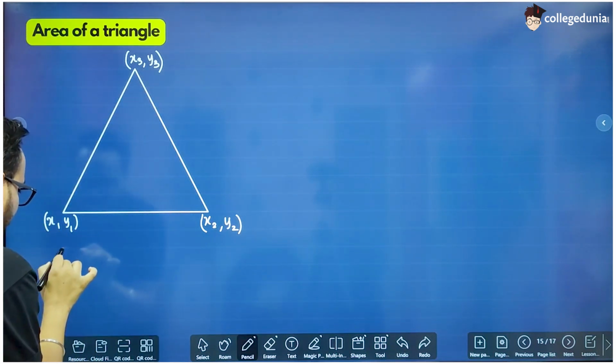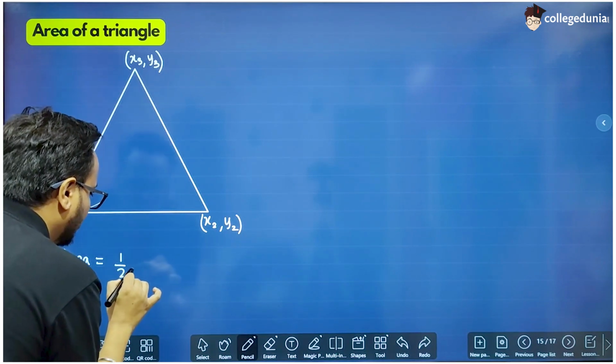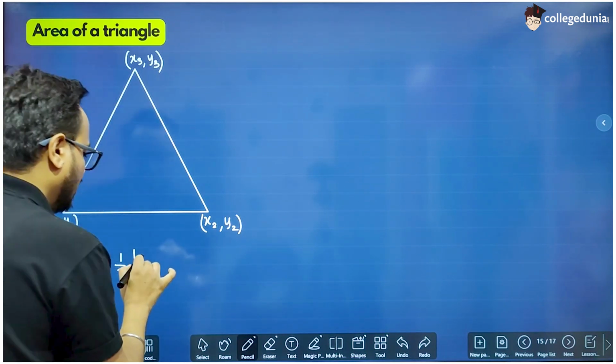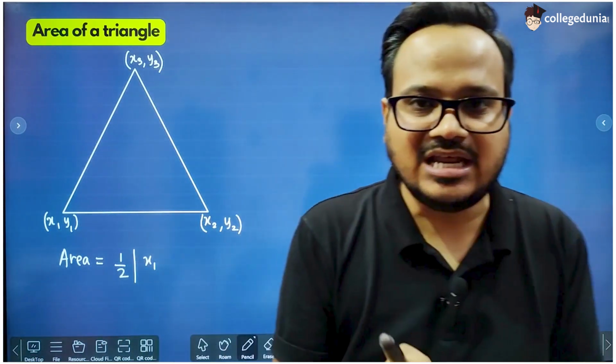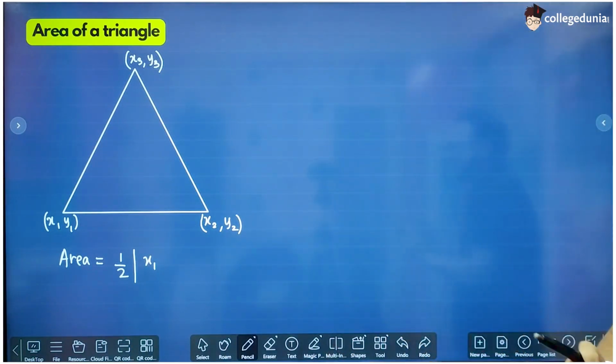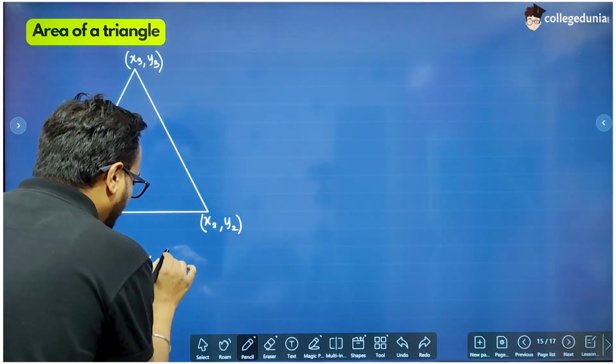So the area is, just remember the formula again, we are not going into the derivation part. If the 3 coordinates are given, take any coordinate as x1 y1, any as x2 y2, any as x3 y3, and apply this formula.